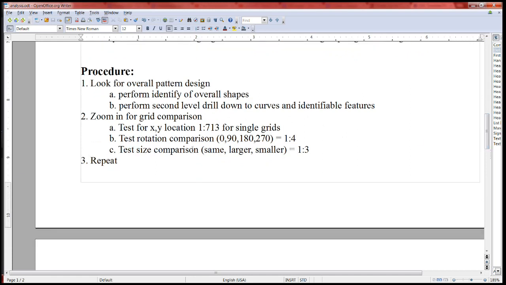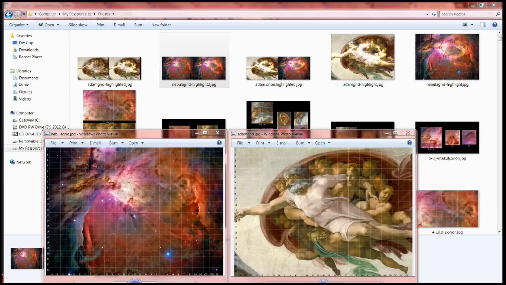The first thing that we're going to do is take a look at the overall pattern design. What that basically means is that we're going to look at everything as if both images were really far away. We're not going to look at the extreme details to begin with. We want to get a general look from far away to see if they relatively look the same. So here are our two images.